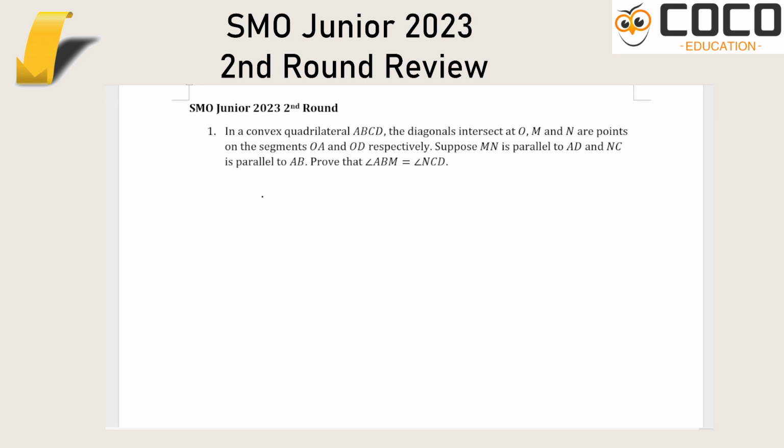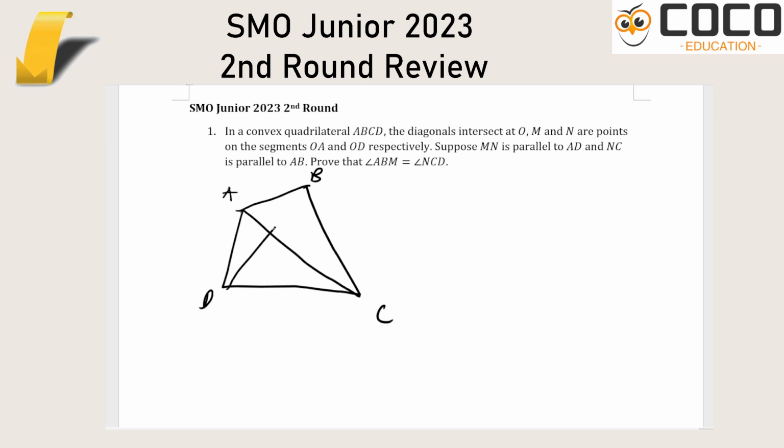So I've got a quadrilateral ABCD. Diagonals intersect at O. And then M and N are points on the segments OA and OD respectively.